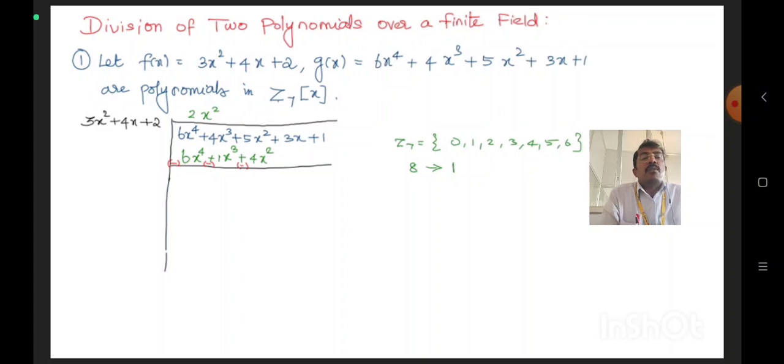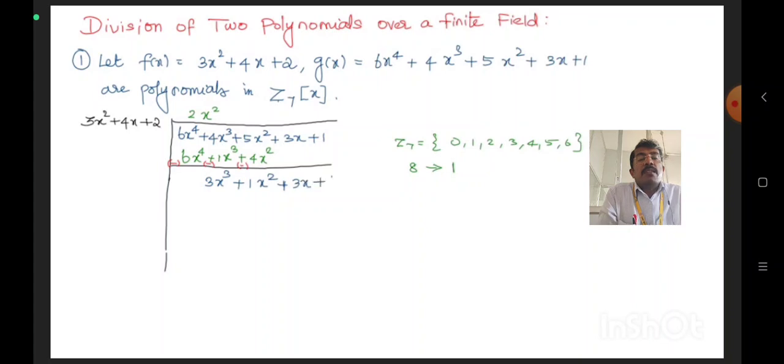So 8 minus 7 is equal to 1, and in the place of 8 you can equivalently write 1. Likewise, whenever the element goes beyond the elements of the field, you can work on that by subtracting the n value. That is how polynomial division happens.